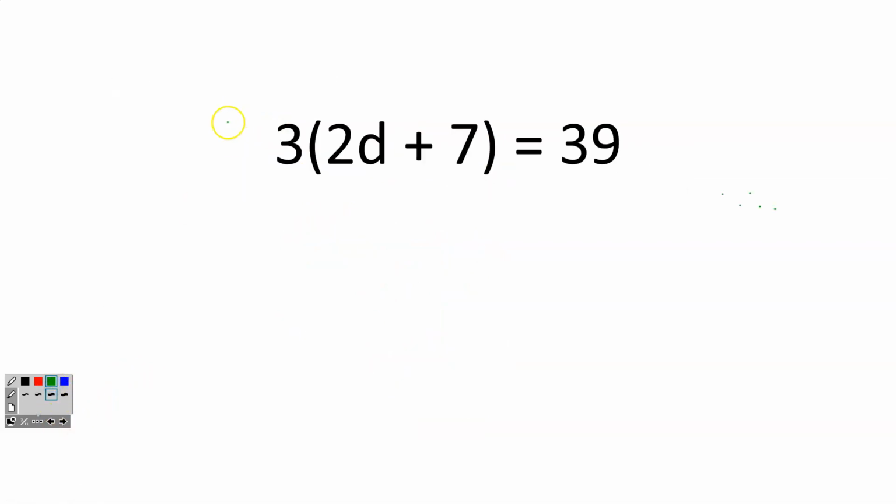So we're going to try this one. Again, I see parentheses that I need to distribute. Rainbow! 3 times 2d gives me 6d. 3 times 7 gives me 21. I'm going to bring down my 39. Now we have a two-step problem.